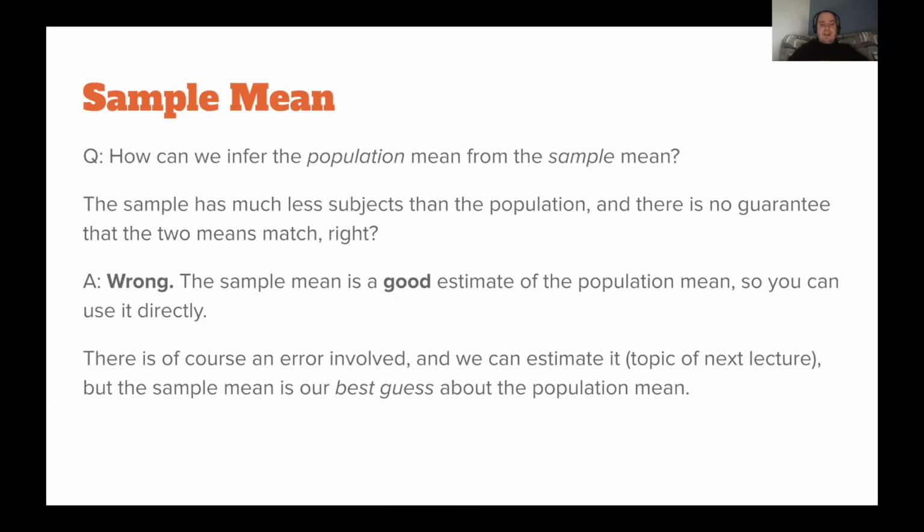And in the next lecture, I will tell you exactly how you can estimate the error that's involved in this inference, right? I'm not talking anymore about the standard deviation of the data set. Standard deviation of the data set is a measure of how far the points are from the mean, right? So it's like a measure of the error of the mean regarding the data set itself, regarding the sample itself.